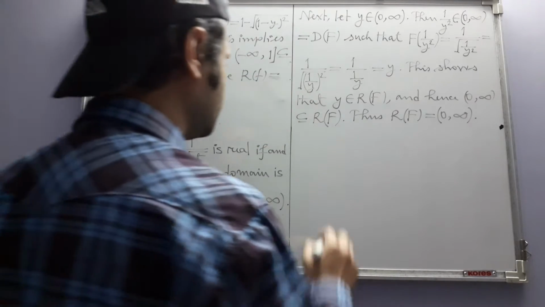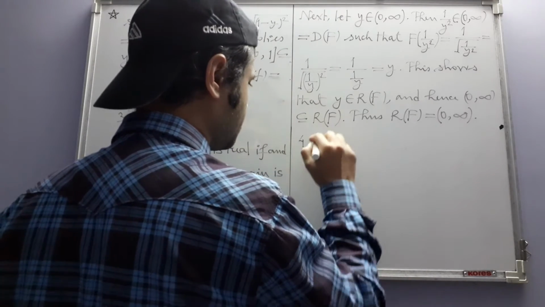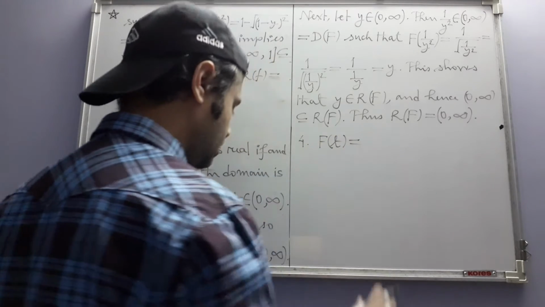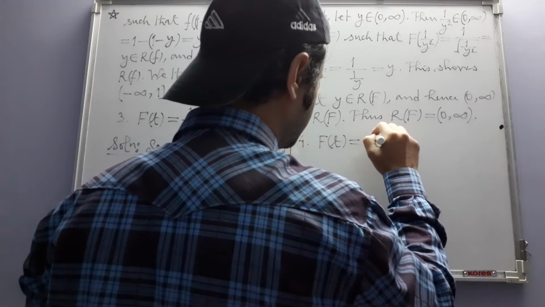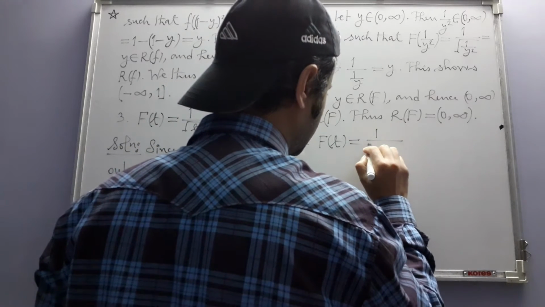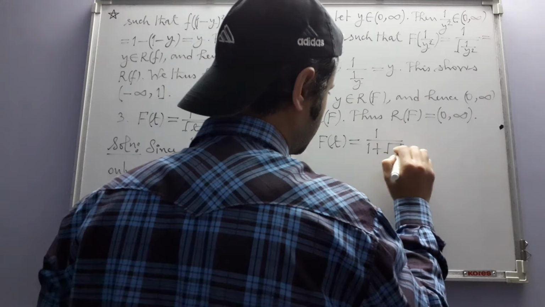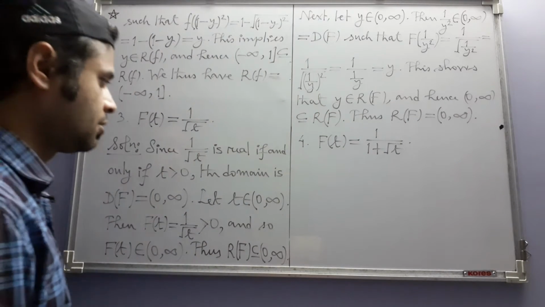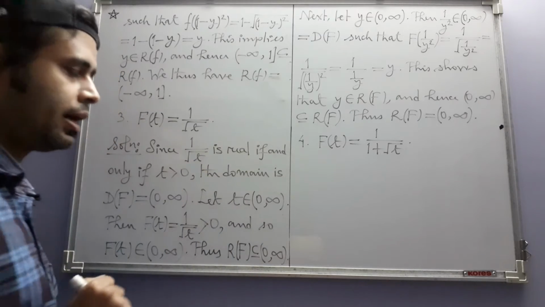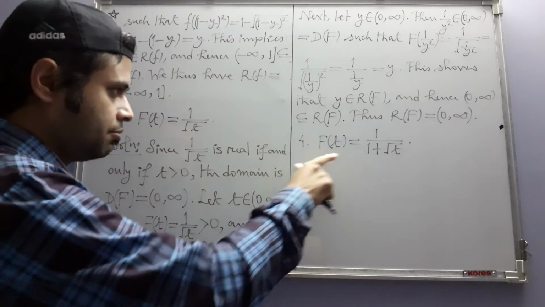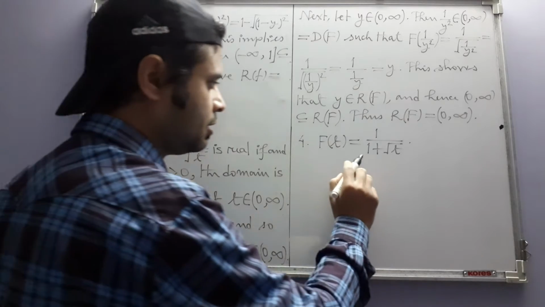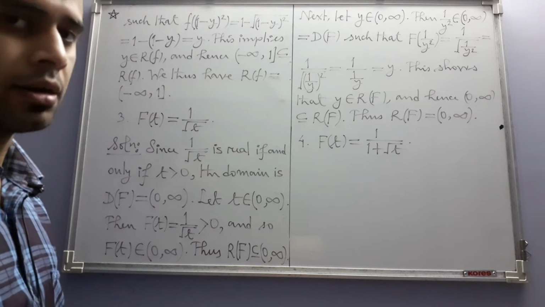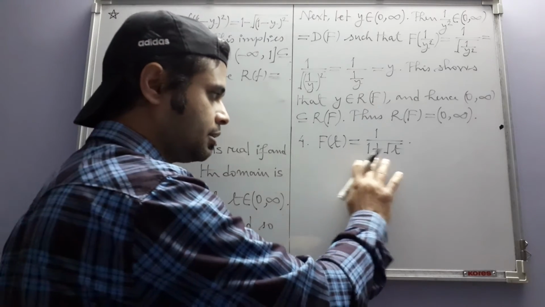Then 4. Here the function is f of t equal to 1 over 1 plus square root of t. The problem with 0 that we had here, we don't have it here because the denominator is a positive real number, whenever it is well defined.